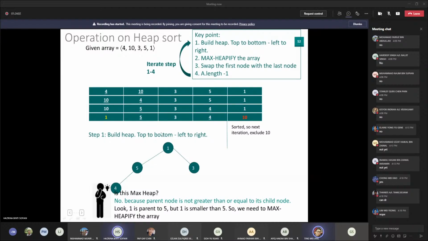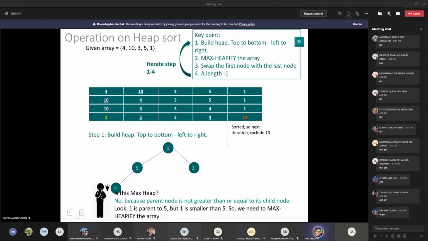Okay. We need to rebuild the heap. Step 1, build a heap. But we need to build the heap, then we can sort.